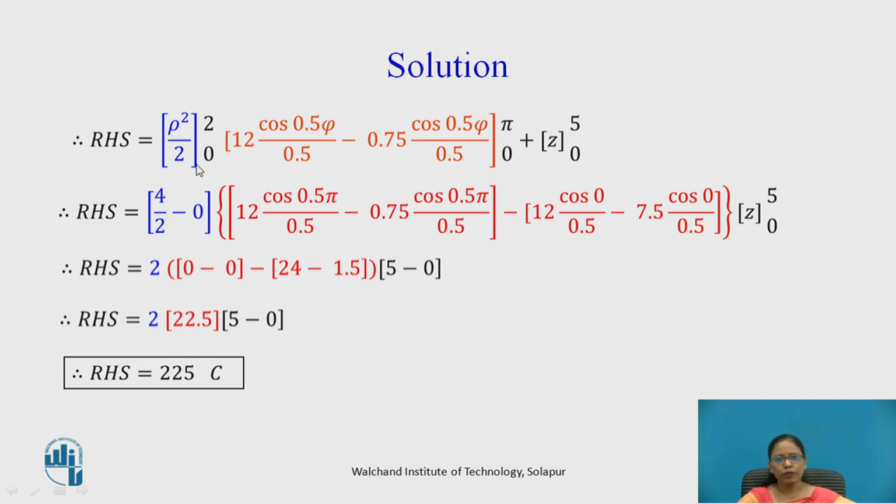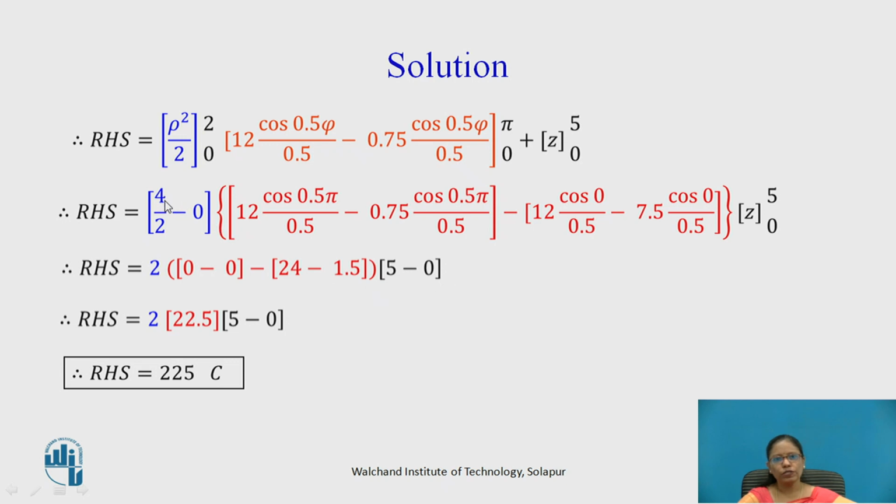And if I simplify further, I can put the values here, like you can see. Rho is 2 square by 2 minus 0. Phi, once it is pi and once it is 0. So this is substitution of upper limit, this is substitution of lower limit, and z from 0 to 5 will give me 5 minus 0.